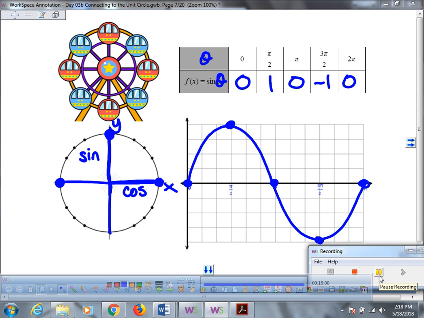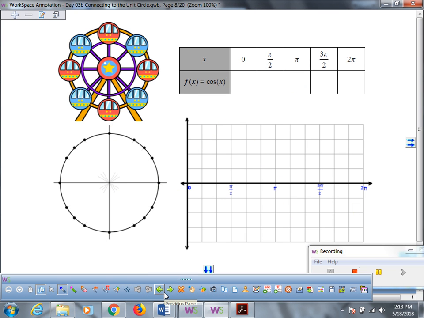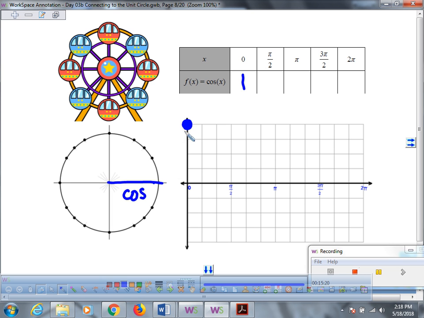Okay, let's do cosine now. So cosine's here. We're going to do the same thing, a lot faster. If I'm at 0 degrees, my value of x on this circle is 1. So it starts here. If I'm at pi over 2, what's my cosine?